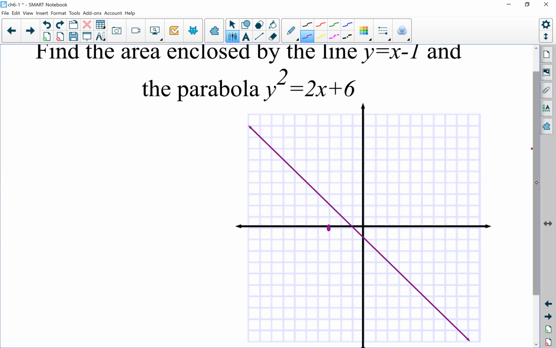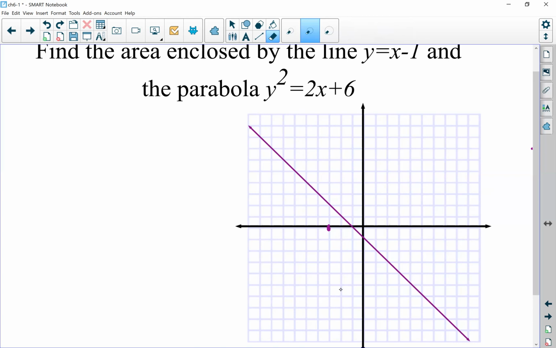Two x would equal -5. X would equal -2.5. Oops.